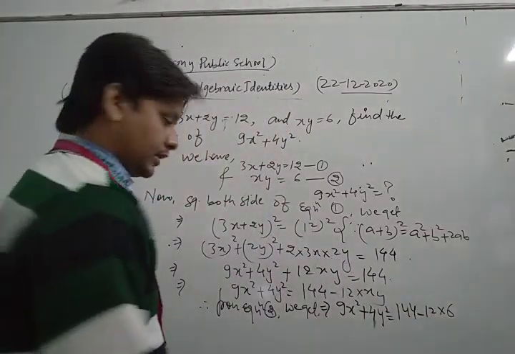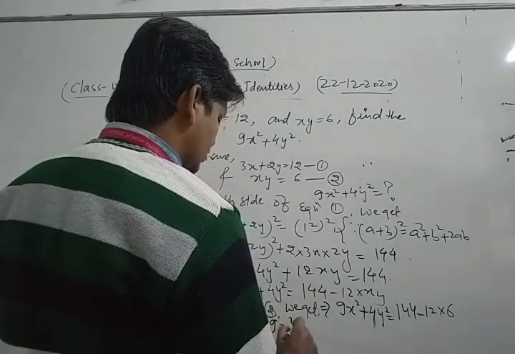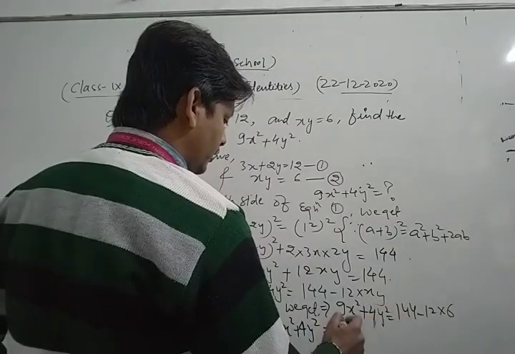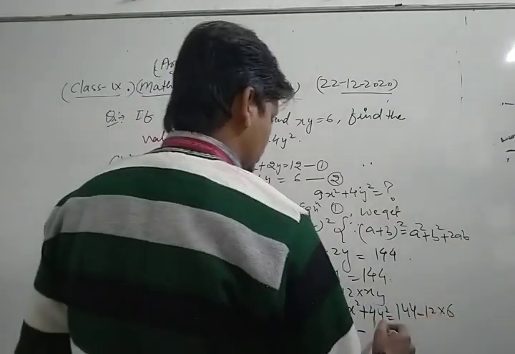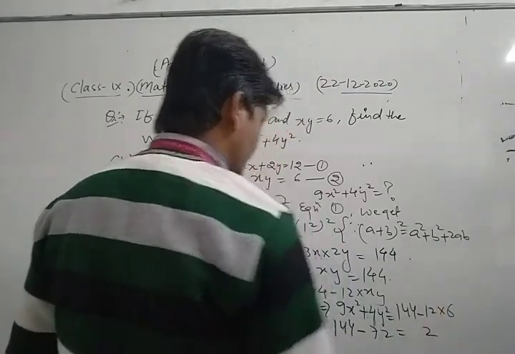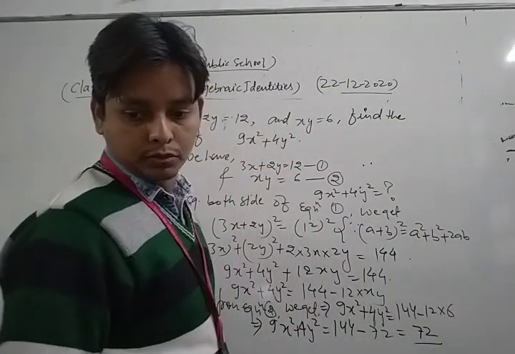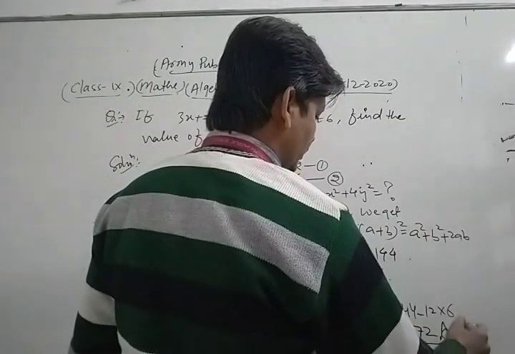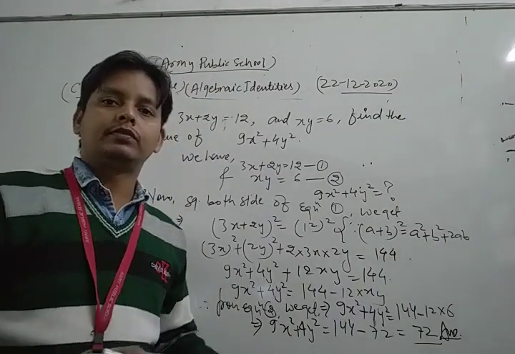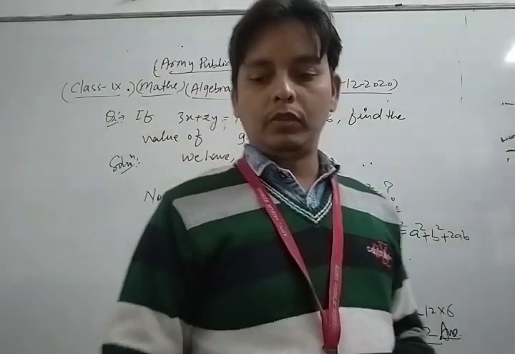Thus we get 9x square plus 4y square is equal to 144 minus 72, which is 72. Yes, this is our required solution of the given question. Thus, in this way, dear student, you can solve this type of question. This is one of the most important questions or topics of your syllabus.